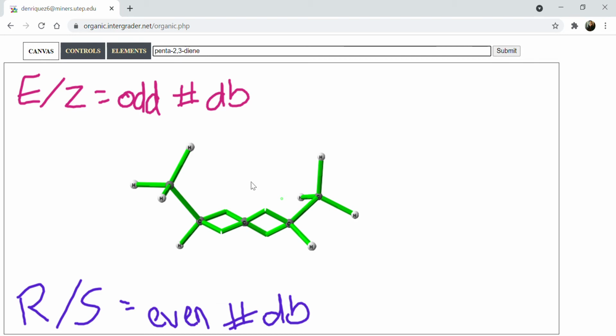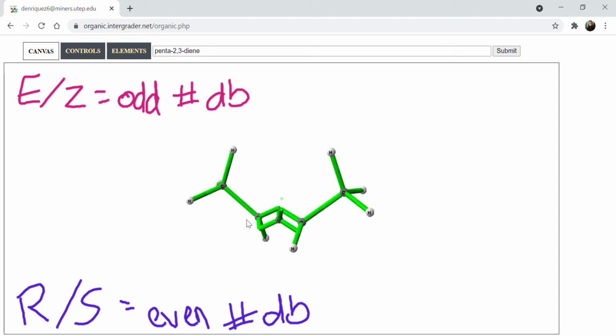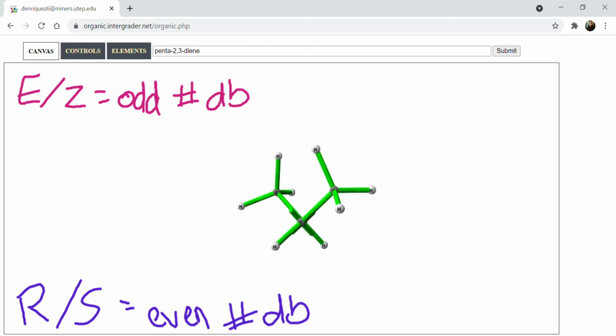I don't have any methyls, but I want to check for the R and S conformation. So this is a little different than what we're used to checking with the conformations on normal molecules. So what we're going to do is the carbon at the end of a double bond will be compared with each other, and to do that we just turn it around and we'll put this one behind this one, so it'll look like this.